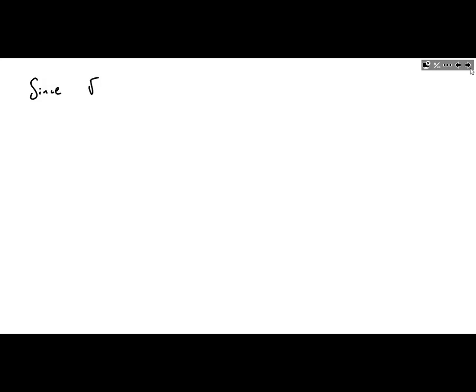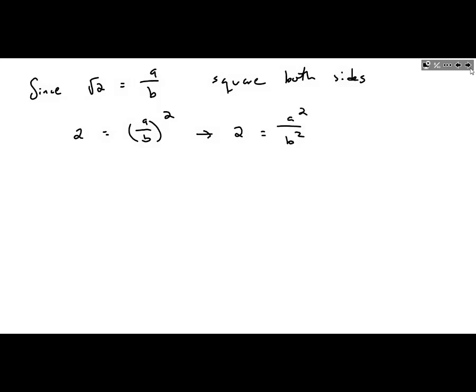Since the square root of 2 equals a over b, if I square both sides, then I get 2 equals a over b squared, which implies that 2 equals a squared over b squared, which implies then that a squared equals 2b squared, which then implies that a squared is even.